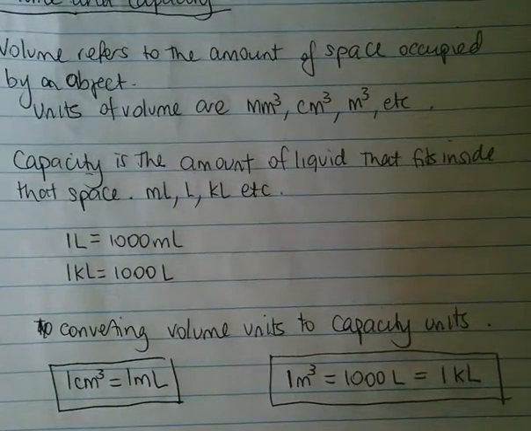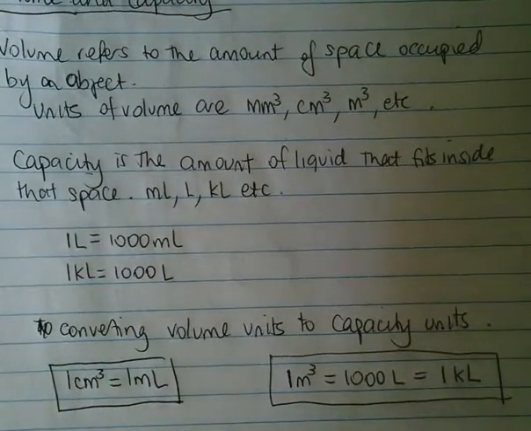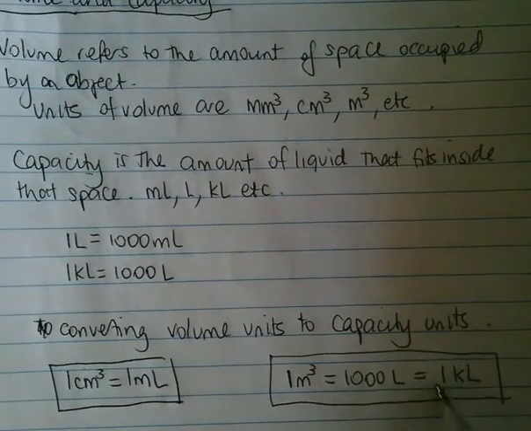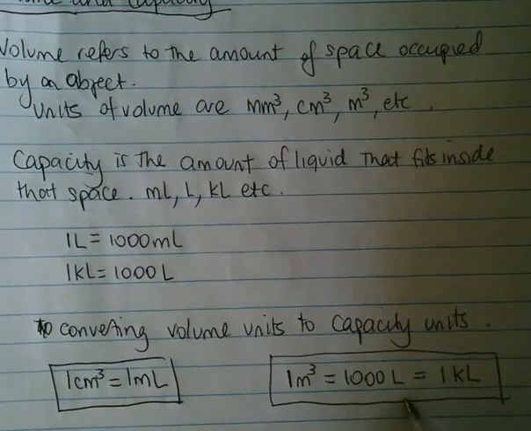You know how long a metre is. More than 3 rulers. 3 rulers and a bit. Across, wide and up. Length, breadth and height. 1 metre times 1 metre times 1 metre. Now that's a very big space. All right, so 1 metre cubed is 1 kilolitre, or we know that 1 kilolitre is 1,000 litres.